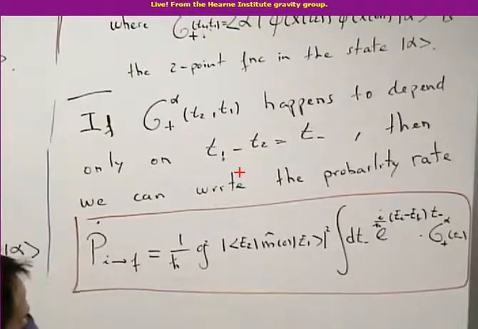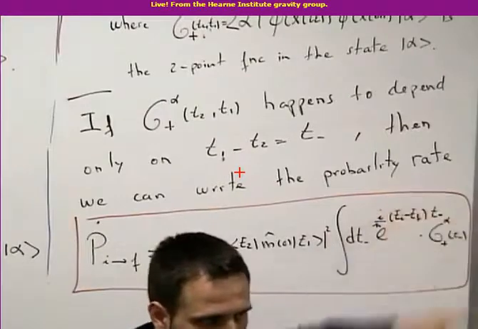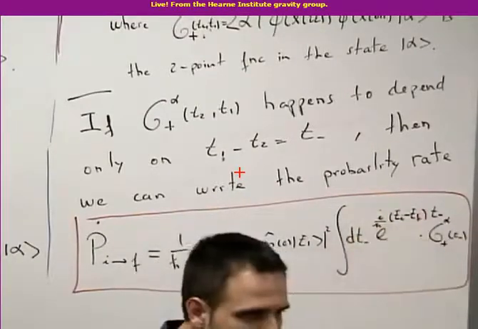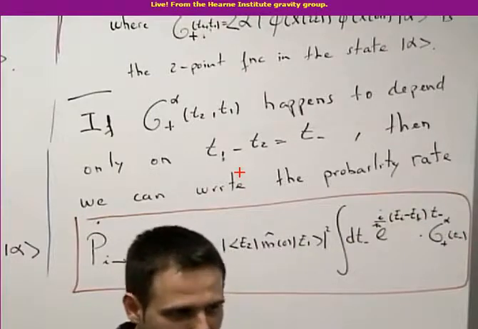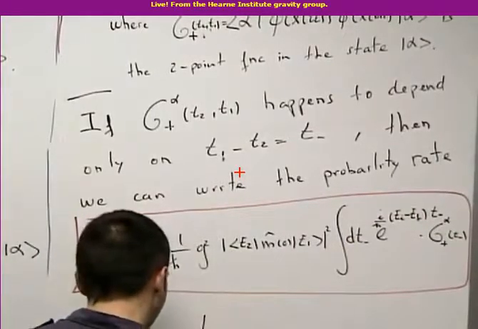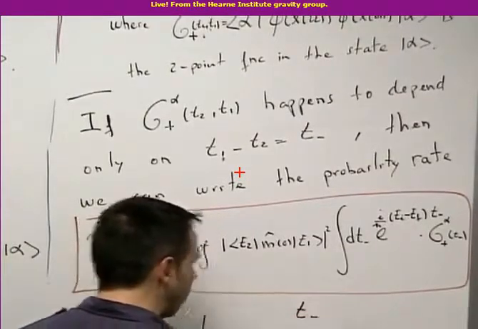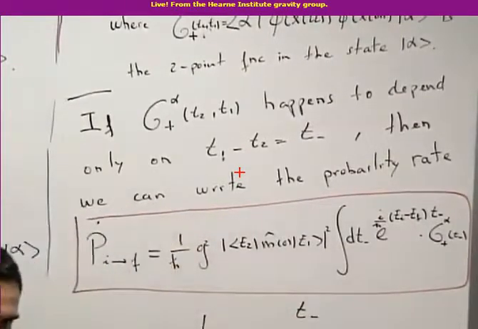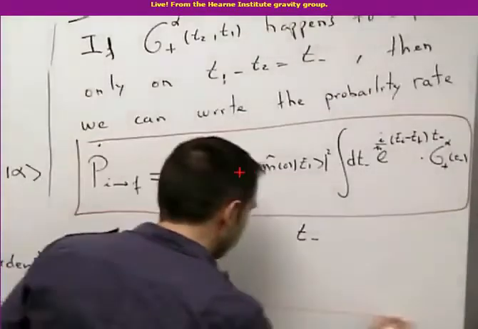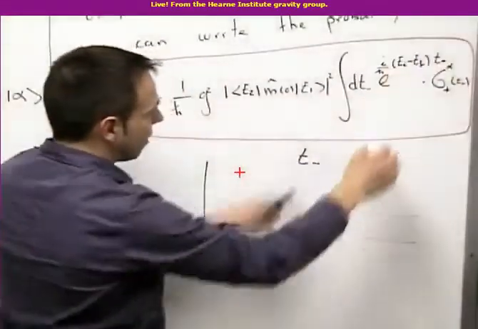So, if you see this integral and I ask you to compute the probability rate of absorption or emission of the system, then all you have to do is the integral of the 2-point function. But this is a complex exponential, so one could use complex techniques like the Cauchy theorem. What I would do is extend T minus to the complex plane. Now I have an exponential here with an i.